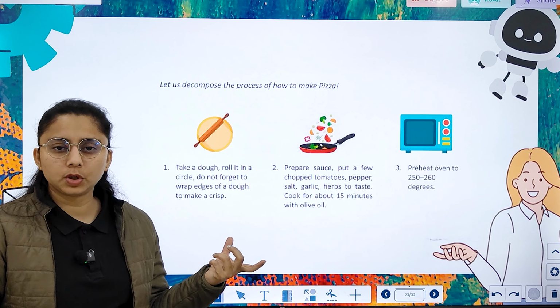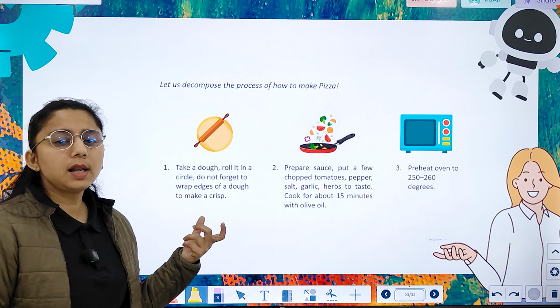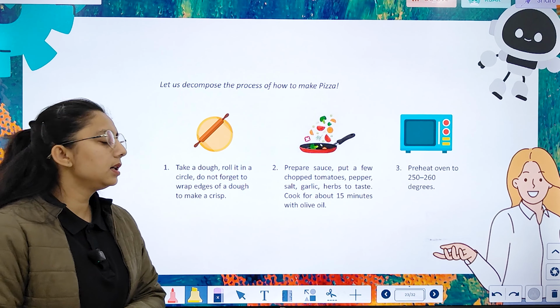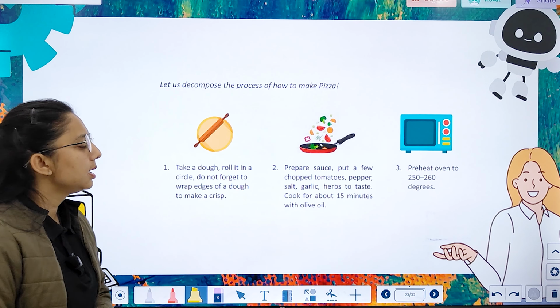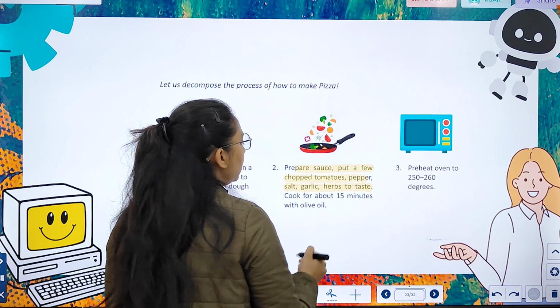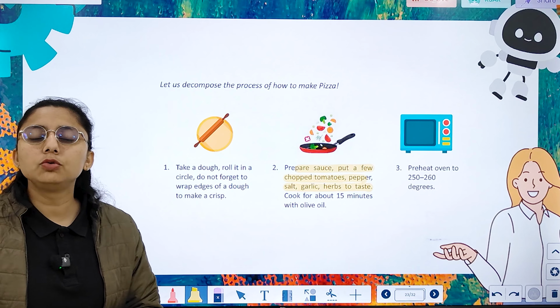Take a dough. You have to roll it in a circle and do not forget to wrap the edges. Prepare a sauce: put a few chopped tomatoes, pepper, garlic, herbs, and cook it for about 15 minutes.